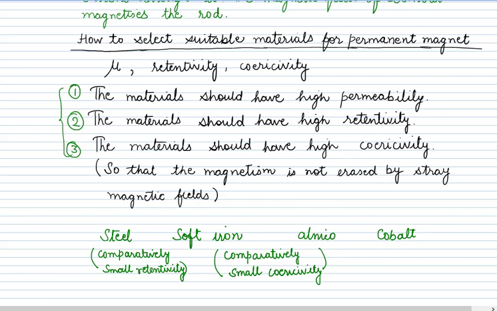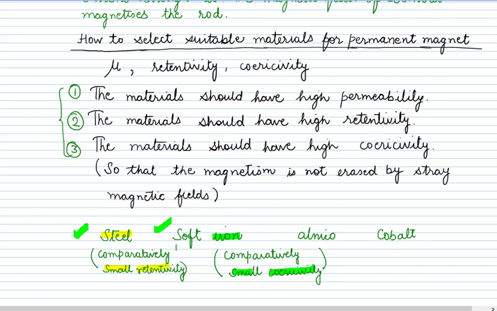But always remember this: steel, comparatively small retentivity, and soft iron, comparatively small coercivity. So always remember these two things.